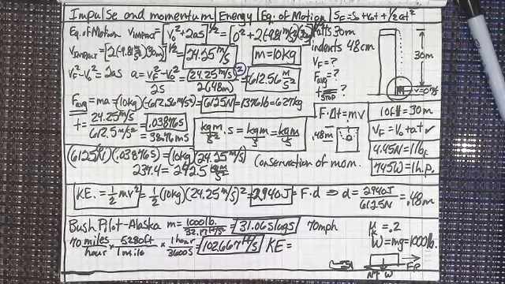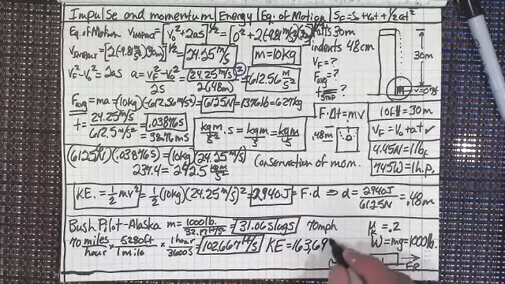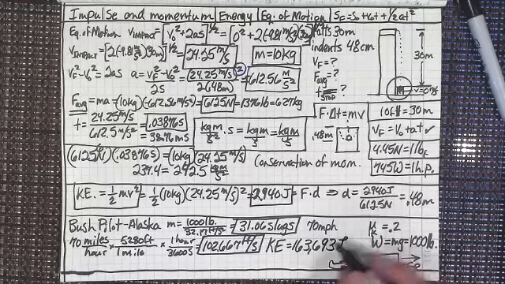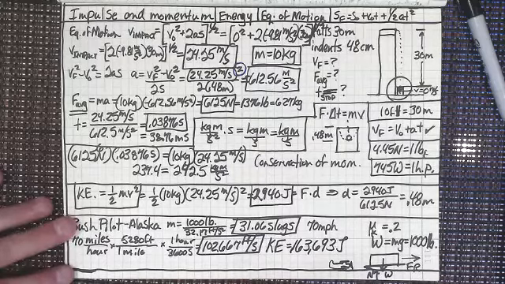So let's just apply that. 0.5 times the mass, which is 31.06 slugs, times the velocity, 102.667, squared, and that equals 163,693 joules.